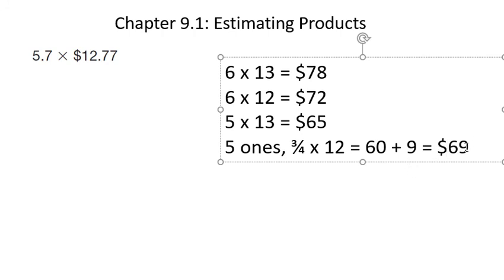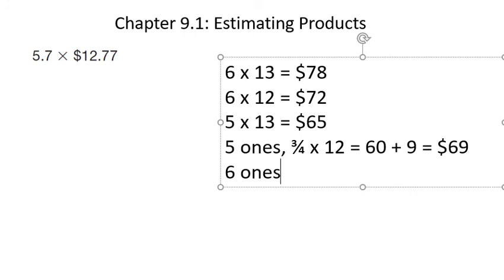This is a very, very close estimate. I could also do it another way, and this one's a little bit more complicated, but I could round this to 6, so 6 ones, and I could round this over here to 12 and 3/4.